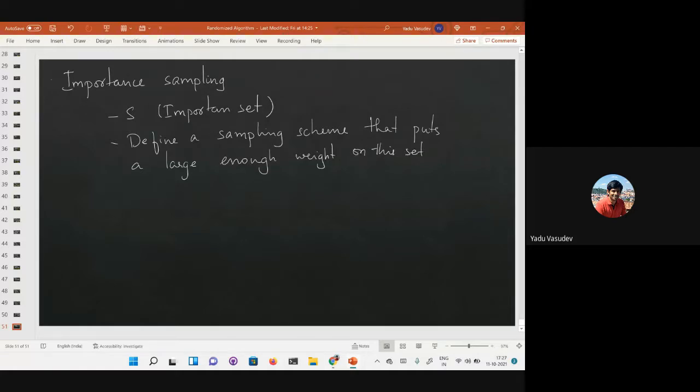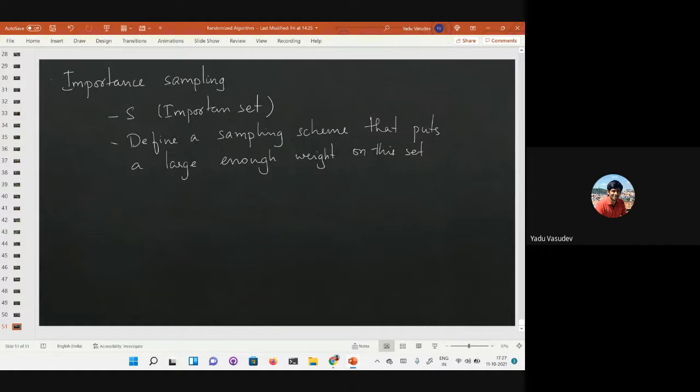And then we can do the same Monte Carlo method. You can use the same analysis and so on, because the weight with which you will sample, the chance of getting an element from that set, is much larger.